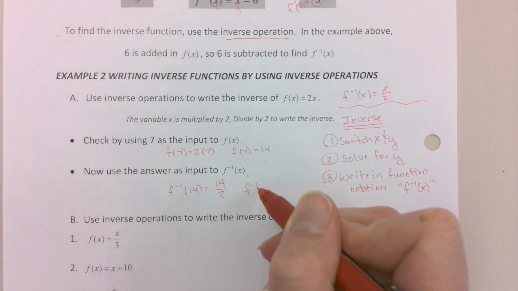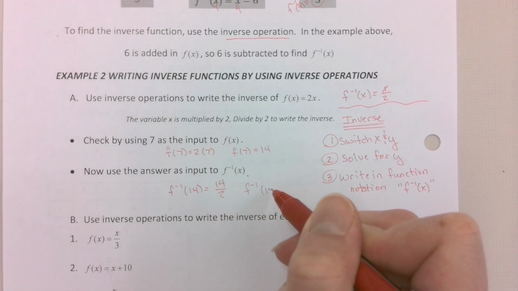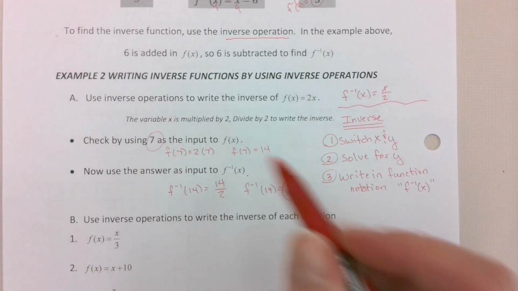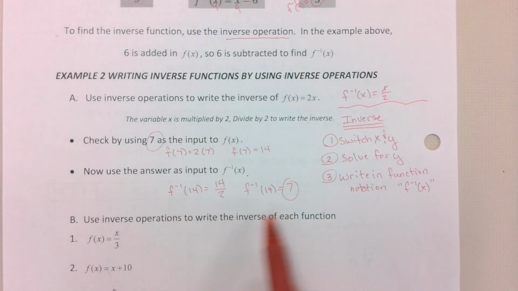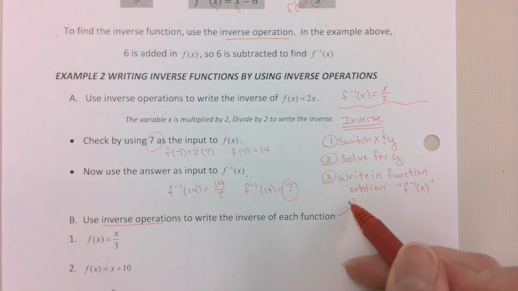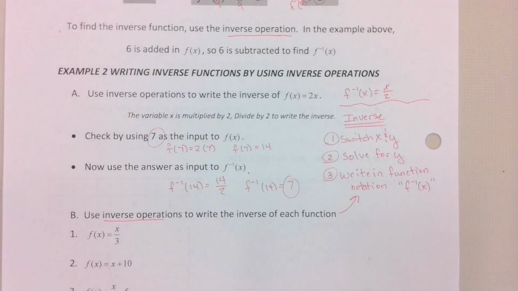And f to the negative 1 of 14 is 7. So we put 7 in, and we put it into the inverse, and we got 7 back out. The directions here tell you to use inverse operations. I would prefer that you use the 3 steps to finding an inverse to double check.